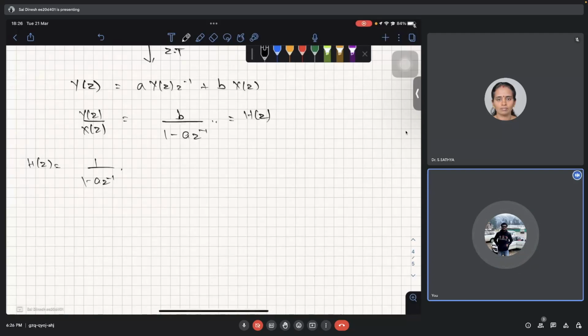Then now we need to find the magnitude of that, right? So H of e^j omega is b by 1 minus a e^-j omega. Sorry, it's actually b.